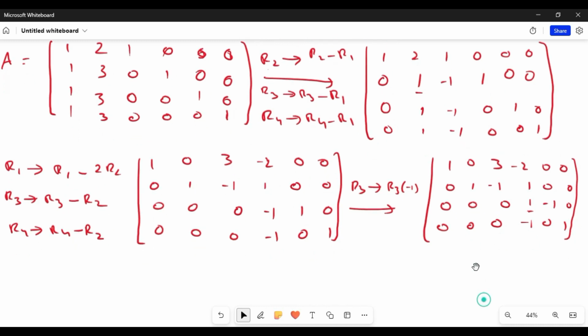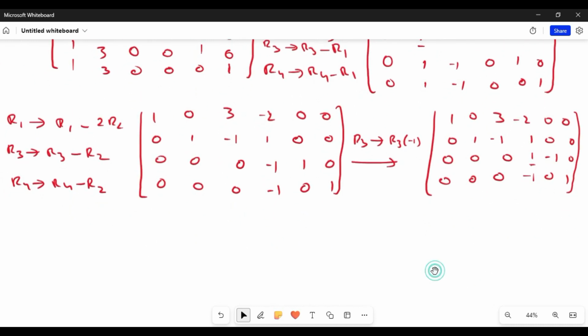Convert the column elements of that leading element to 0. So let's write the formula for row 1. Row 1 will be row 1 plus 2 row 3. No change in the third row: 0, 0, 0, 1, minus 1, 0.